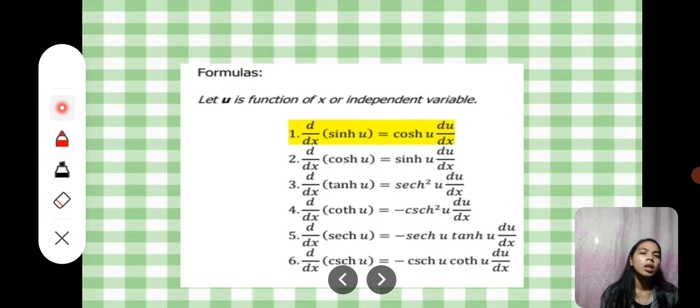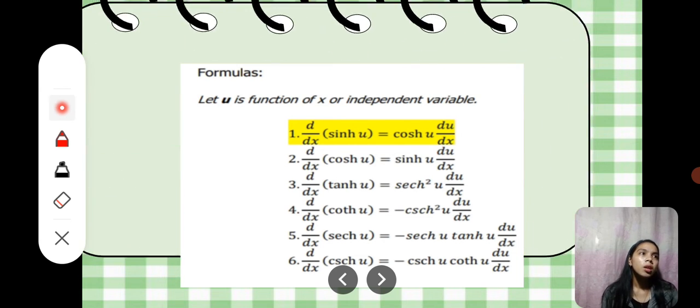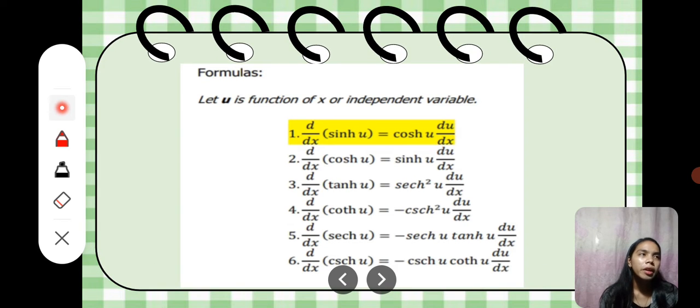So these are the formulas for the derivatives of hyperbolic functions. We notice that they are like trigonometric functions, but with hyperbolic functions included. It is almost identical to the derivative of the trigonometric functions.